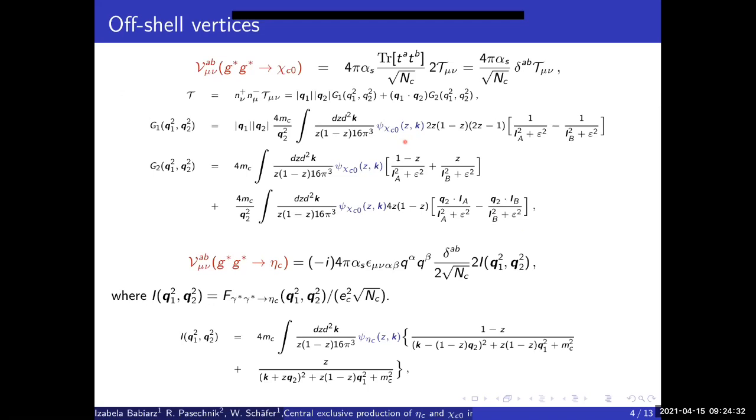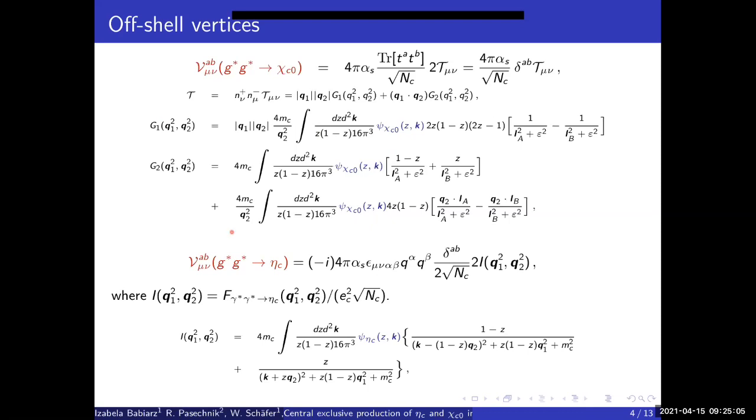We investigated several potential models in our previous papers, and in this case we take one reasonable for us. And as we can see, we can compose our vertex from these kinds of integrals with the light cone wave functions inside.